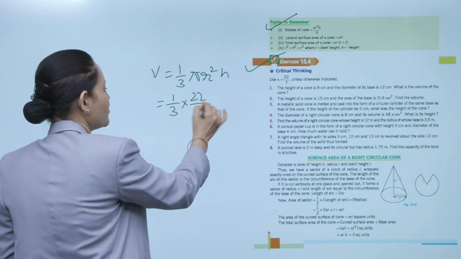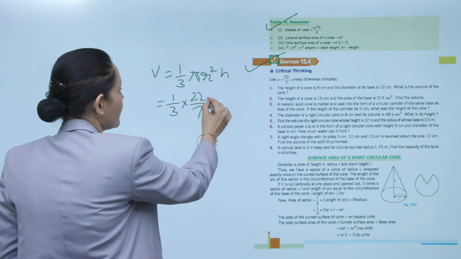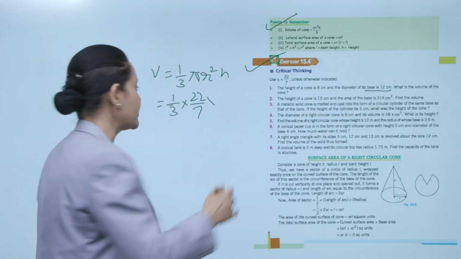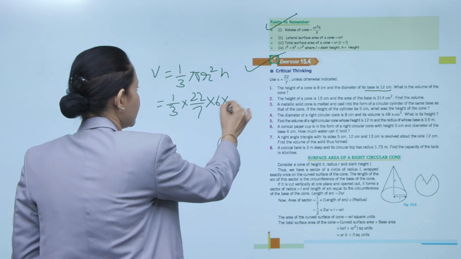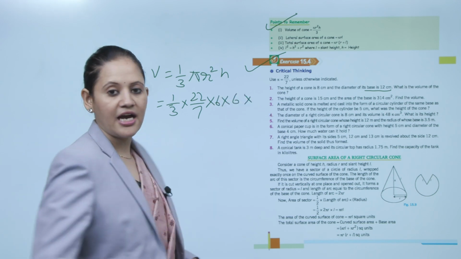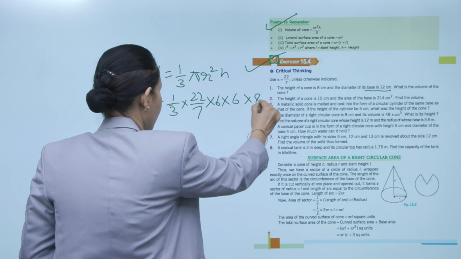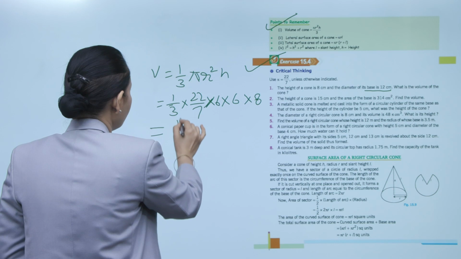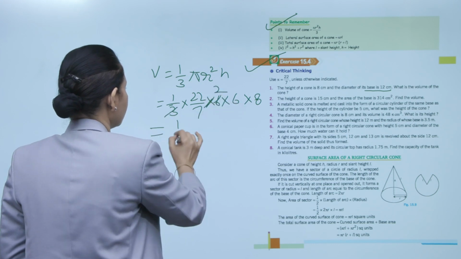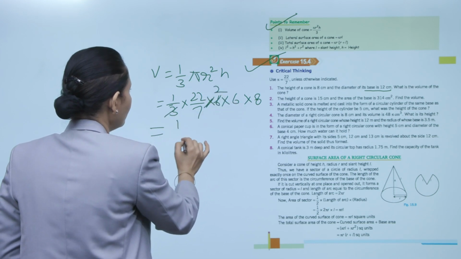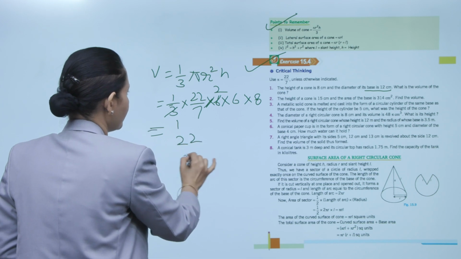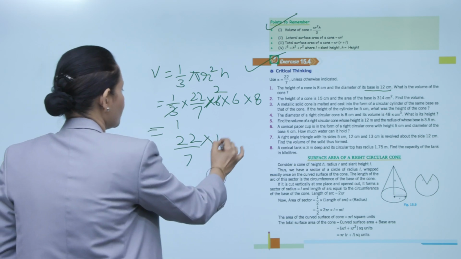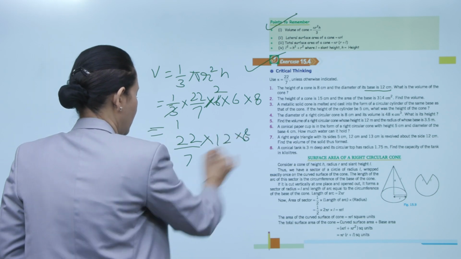So, 1 by 3, pi we will take as 22 upon 7. Here the diameter is given as 12 centimeter, so the radius will be 6. 6 into 6. And the height is given as 8 centimeter. So that is equal to 22 upon 7 into 12 into 8.